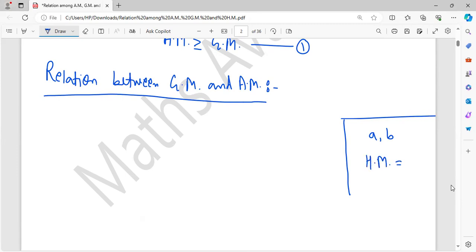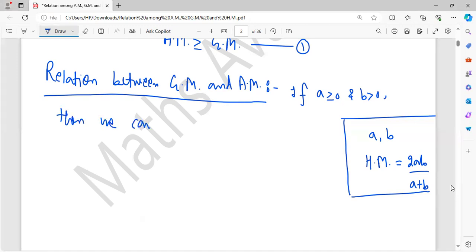HM is equal to 2AB upon A plus B. Here note that A and B cannot be 0. If A and B are 0, we cannot divide. So in the assumption, we will take the following condition: A is non-negative and B is strictly greater than 0.